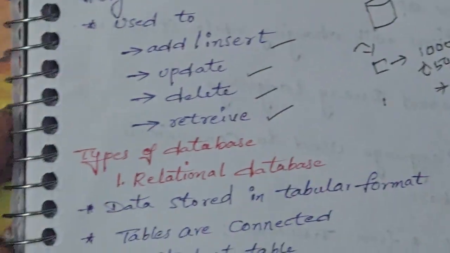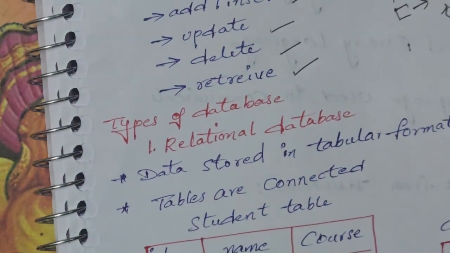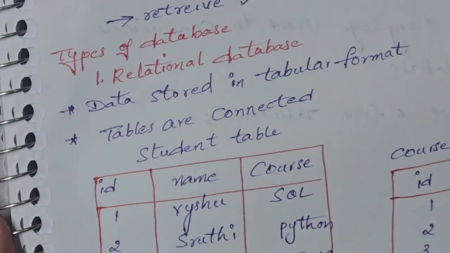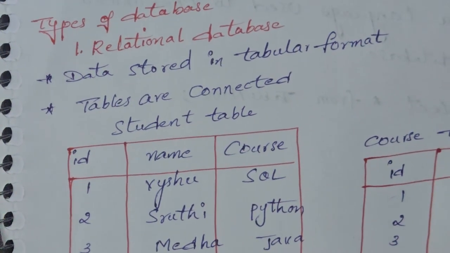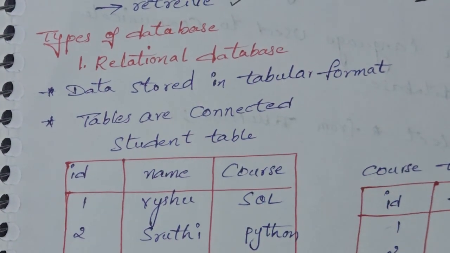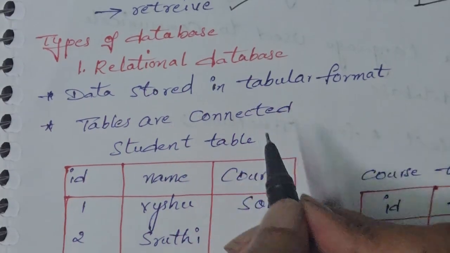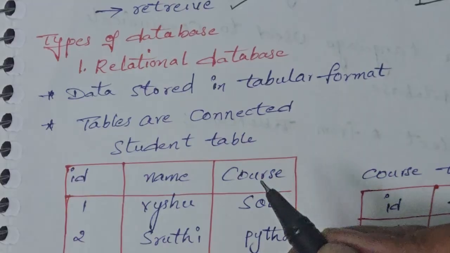In databases, mainly we have two types: one is relational database and another one is non-relational database, that is NoSQL database.